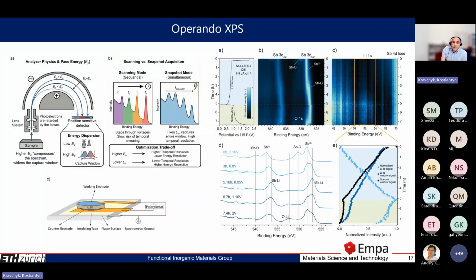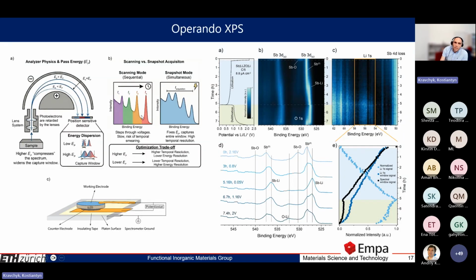Now there is another method which could be quite informative, so-called operando XPS. Usually when you do XPS measurements, it takes quite some time, because you have to scan specific regions, as indicated here, and then you can combine them to get the entire spectrum.